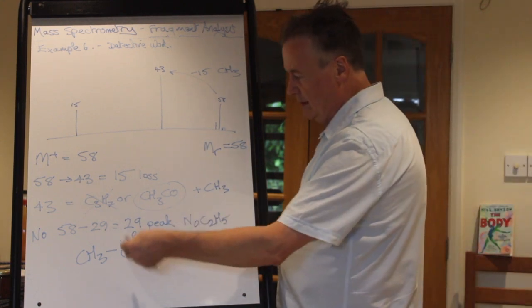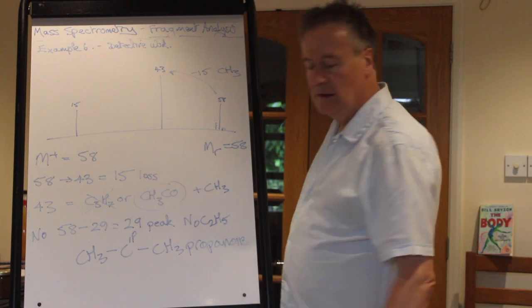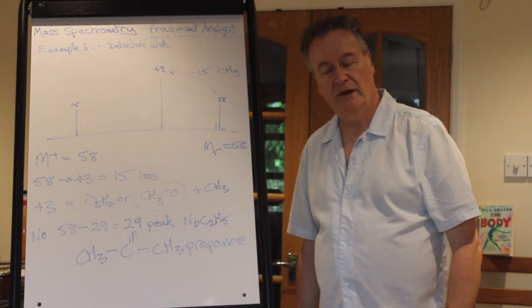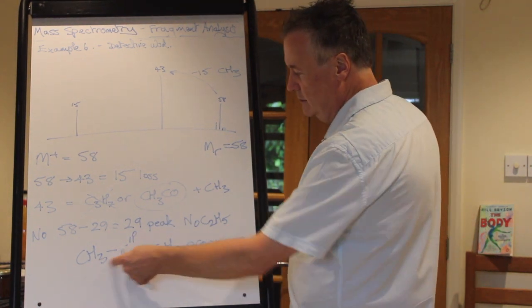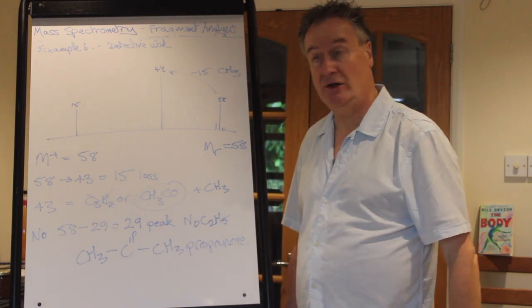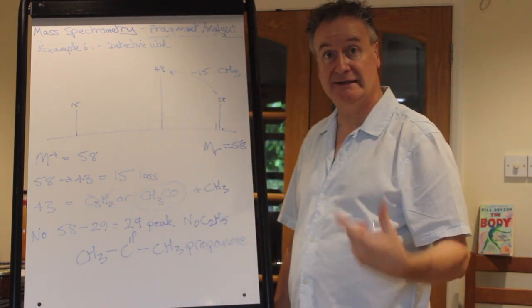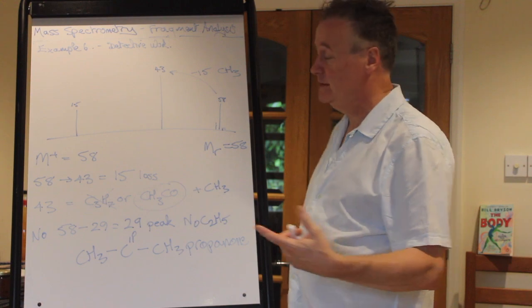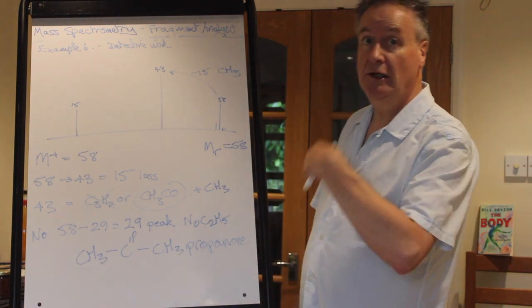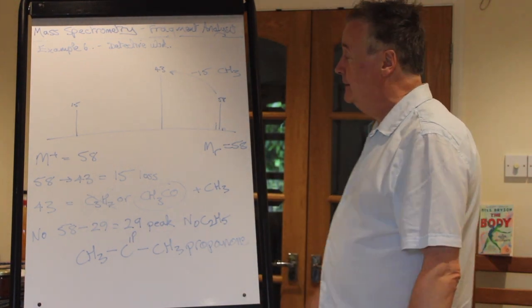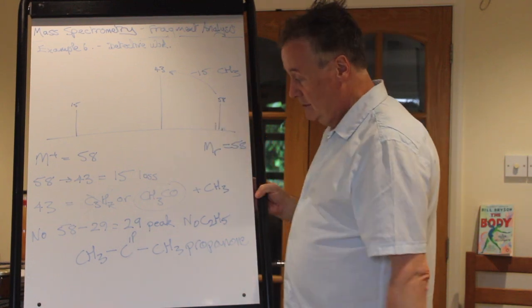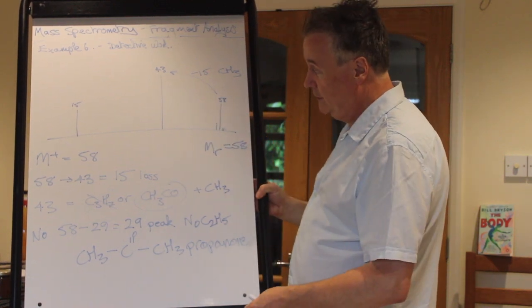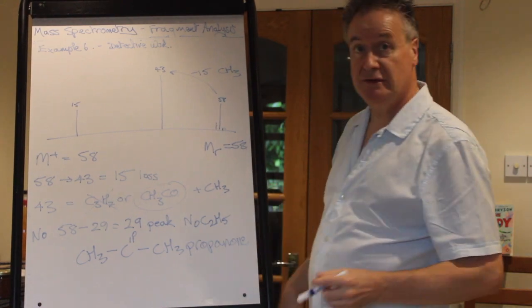So you chop off a CH3 and you get CH3CO. It's quite a stable ion, so it'll be there at a large peak. That's why this is large, because if an ion is stable enough to exist in the mass spectrometer for enough time to fly down it, it will be a big peak. So therefore we have identified two things really.